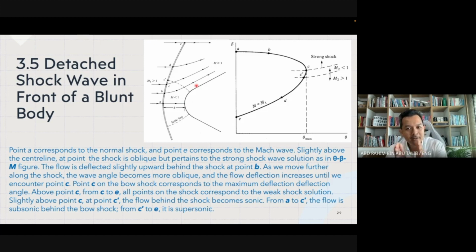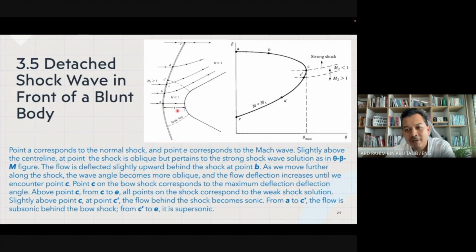From A to C prime, the flow behind the bow shock is subsonic; from C prime to E, it is supersonic, because the Mach number is greater than 1 in this region compared to the inner region within the delta.